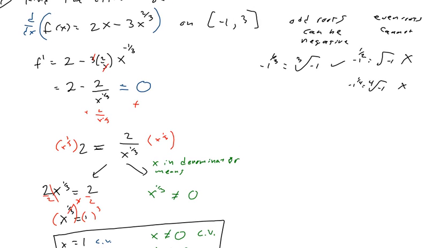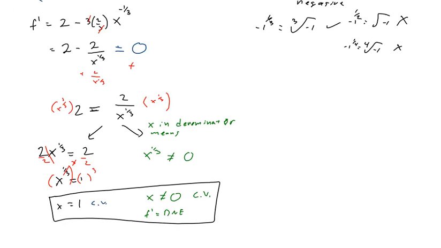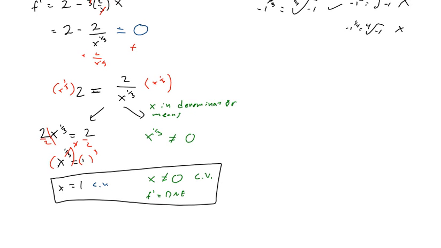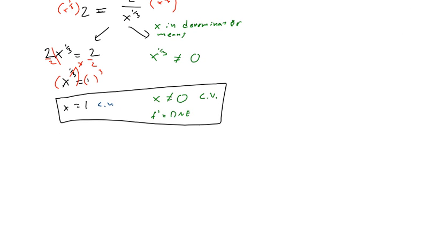Set up our chart. We have our left endpoint, x equals -1. We have our critical value of 0. We have our critical value of 1. And we have our right endpoint of 3. Left and the right. Critical value here and critical value here. It does not matter that this critical value did not exist for the derivative, because I'm taking this critical value of 1 and plugging it into the original function.